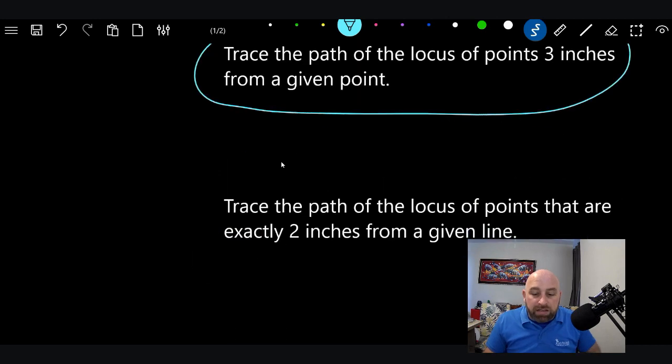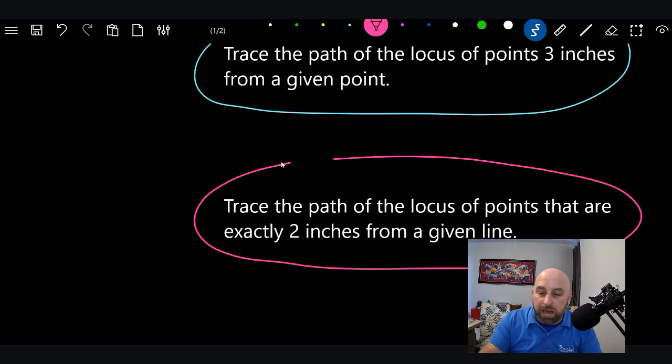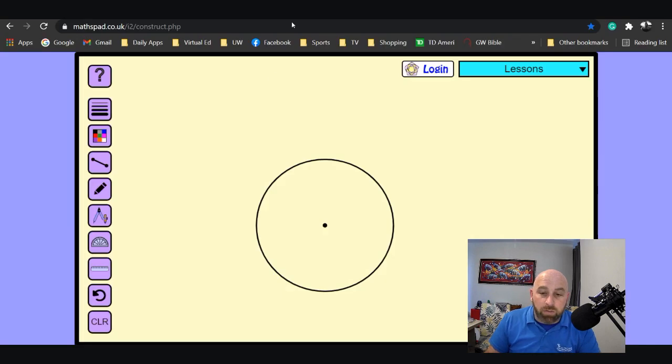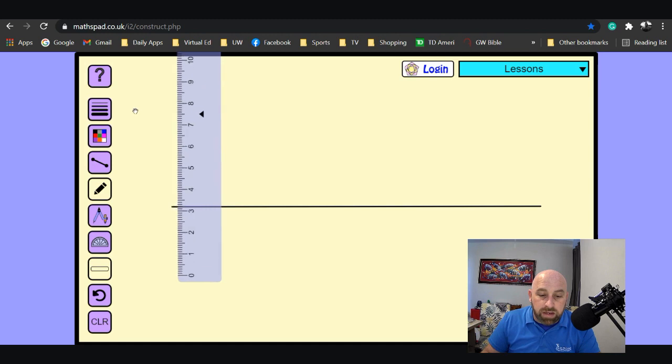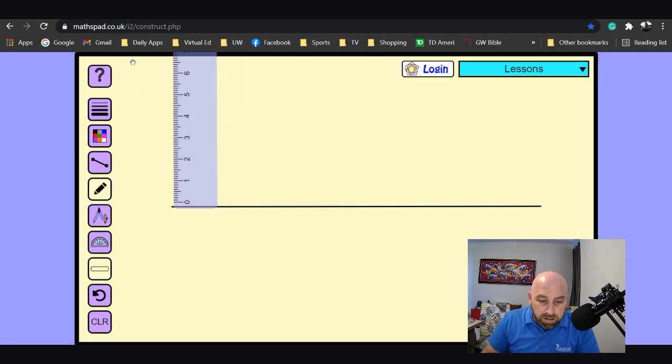All right, the next thing I want to do is trace the path of the locus of points that are exactly 2 inches from a given line. Now we're going to be on a given line. So here's our given line, and I want to trace all the points that are exactly 2 inches from that given line. Let me take my ruler here.